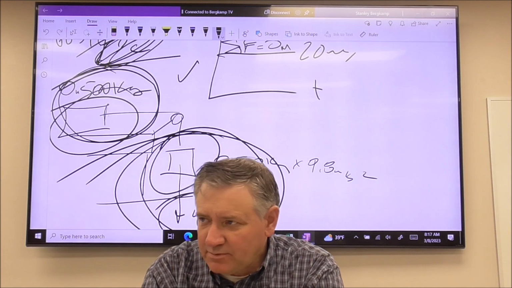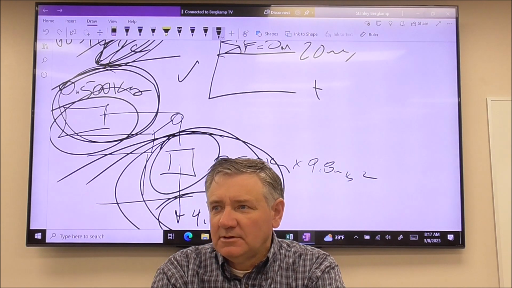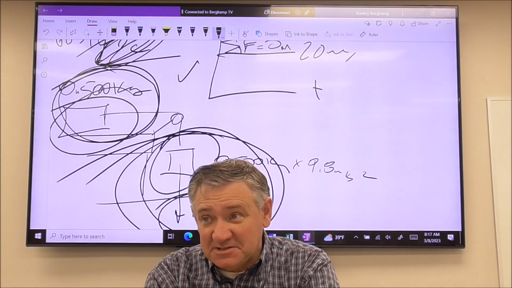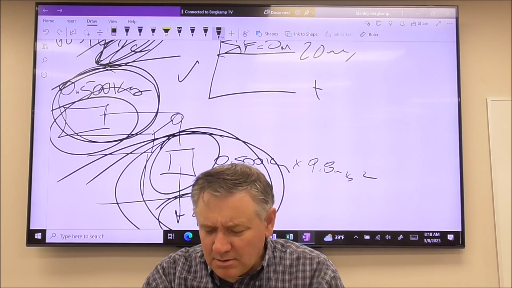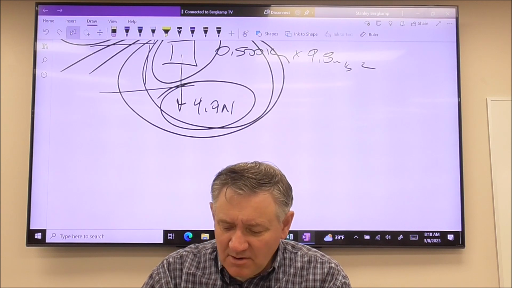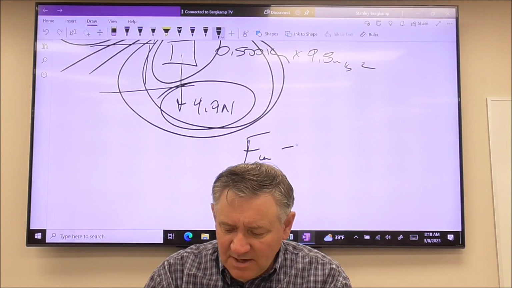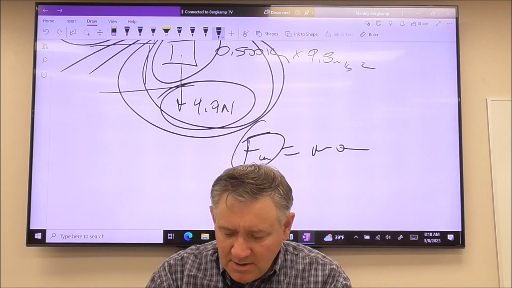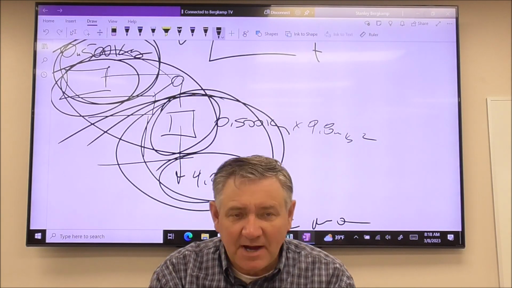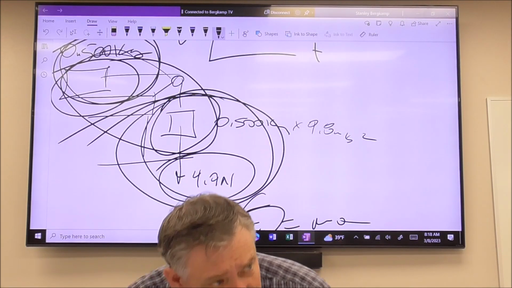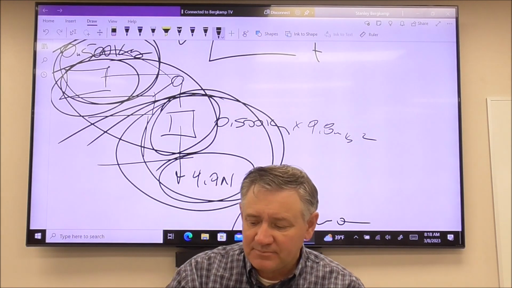But now she has to drag along her little brother. So what's going to happen to her acceleration? Jaden, what's going to happen to your acceleration? Is it going to be bigger or smaller than 9.8 meters per second squared? Smaller. Now, so net force, oddly enough, equals mass times acceleration. My net force is still 4.9 newtons. But now, I have to divide by the total mass of the system.